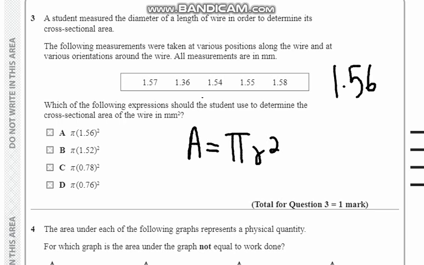Remember guys, we are dealing with radius here because the cross-sectional area formula consists of a radius. So we divide 1.56 by 2 to get the radius of 0.78, and we can clearly see that our answer is C, that's pi times 0.78 squared.